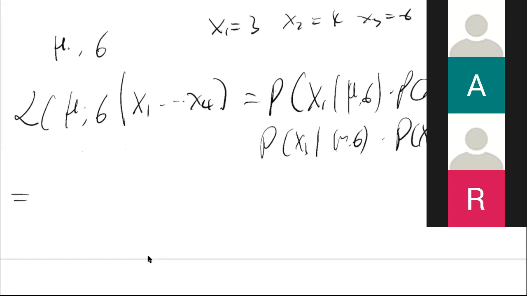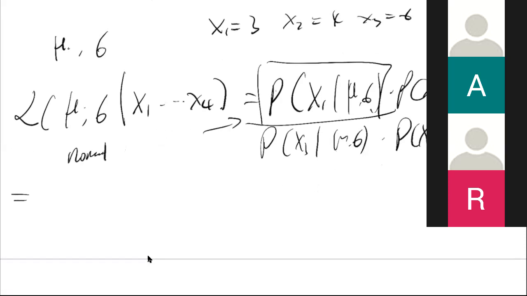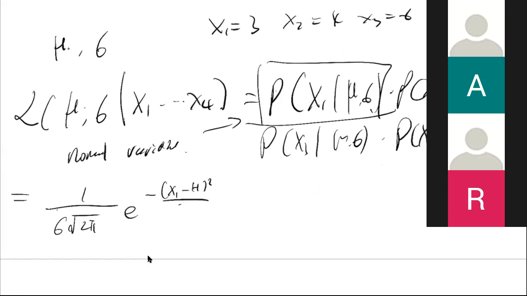And each of the probabilities, because this is a normal variable, uses the normal equation: 1 over sigma times the square root of 2 pi, times e to the negative x1 minus mu squared over 2 sigma squared. That's exactly what I had before. And we're just multiplying it 4 times instead of n times.